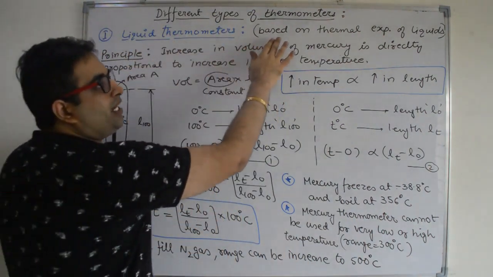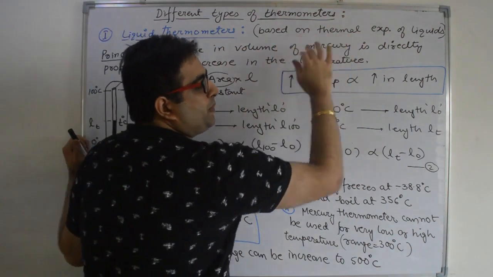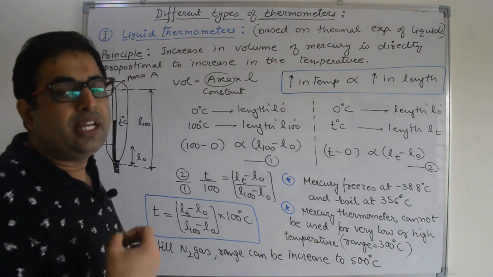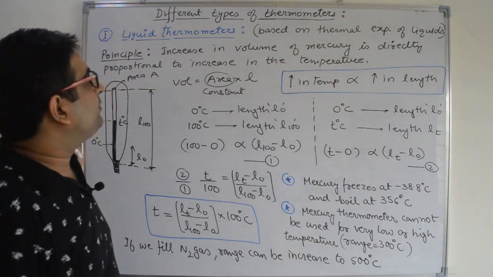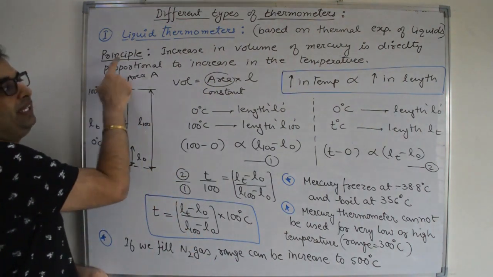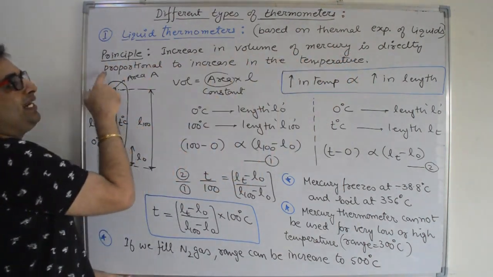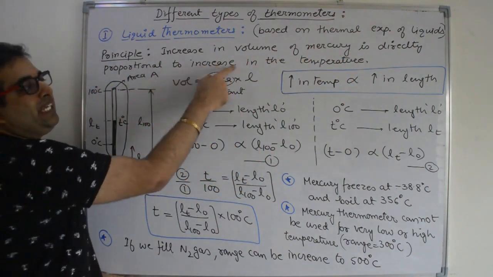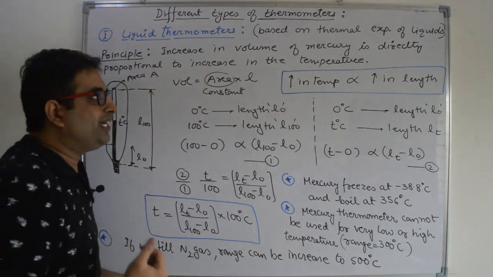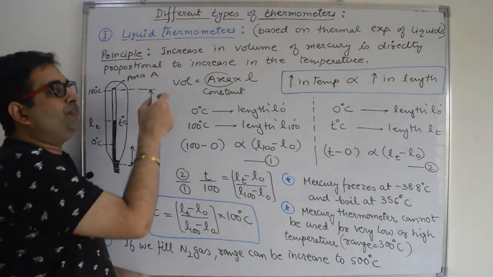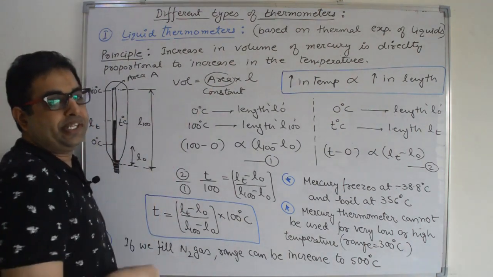Liquid thermometers are based on thermal expansion of liquid. Means as we increase the temperature, the liquid will expand, right? So what is the principle? Increase in volume of mercury is directly proportional to increase in temperature. That means as we increase the temperature of the mercury, the volume of the mercury will also increase.